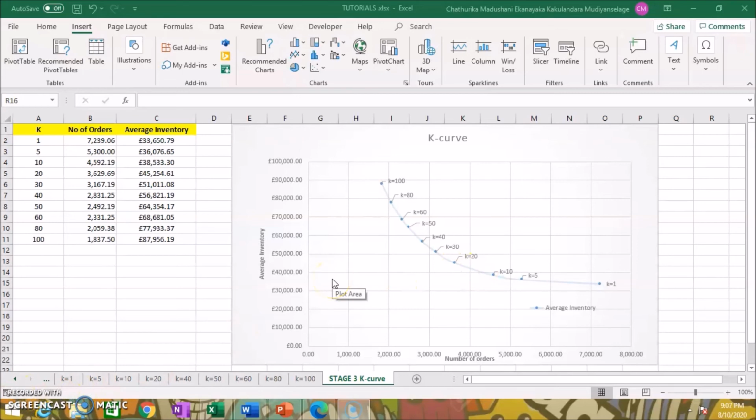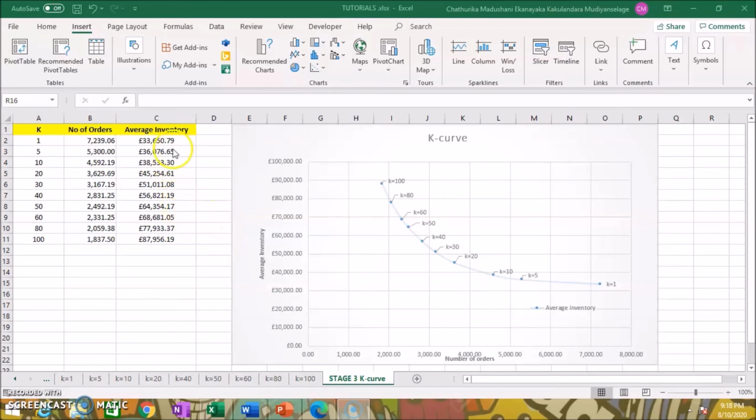For example, if we talk to a warehouse manager and he confirms that for now we are receiving around 5,300 orders, with K equal to 5, we know from the K-curve that the inventory level at K5 would probably be around 38,500. So we can go back to the list and check the optimum.